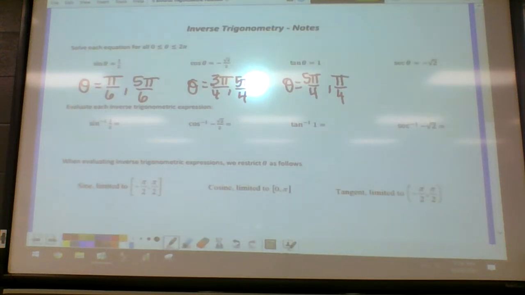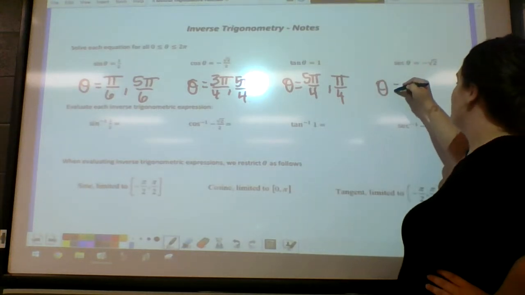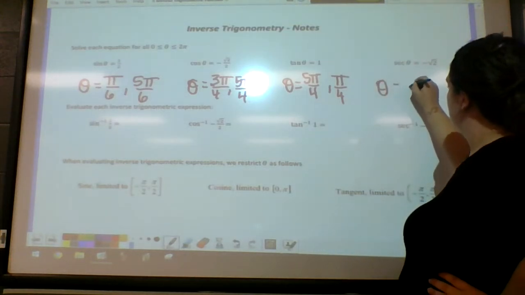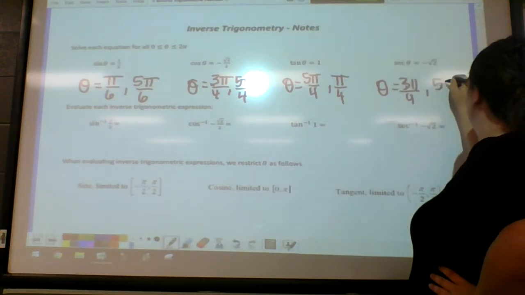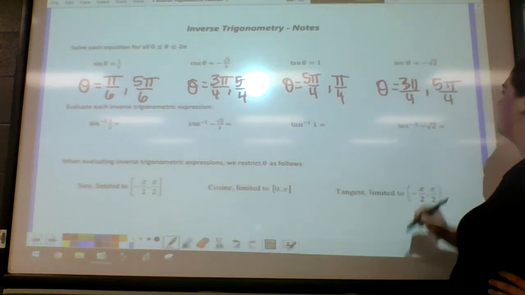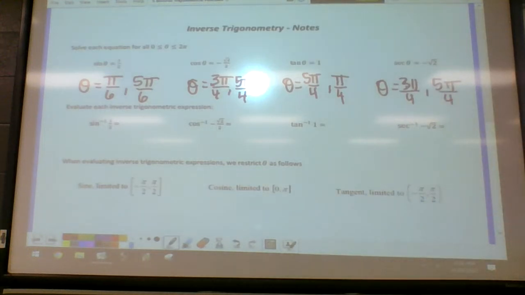So this is actually the same question as the second one, isn't it? Anybody pick up on that? Same one as the second one. So we have 3 pi over 4 and 5 pi over 4. All right, how did those go? Nice little refresher there.